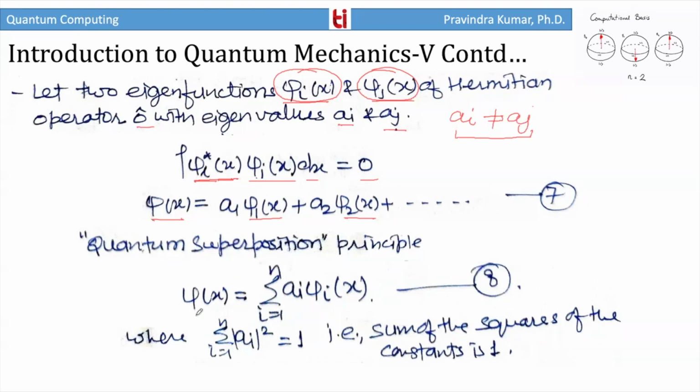So here psi(x) can be written as the summation of the quantum basis psi i(x) weighted with the probability amplitude ai, where the sum of the squares of the probability amplitudes is equal to 1.